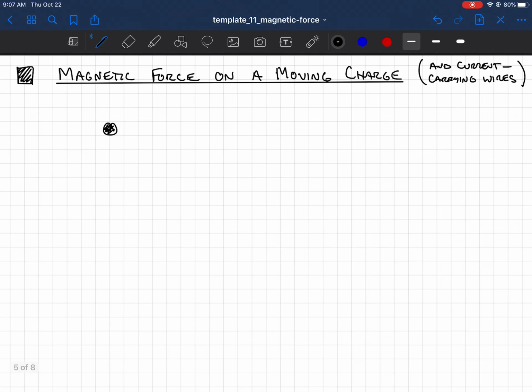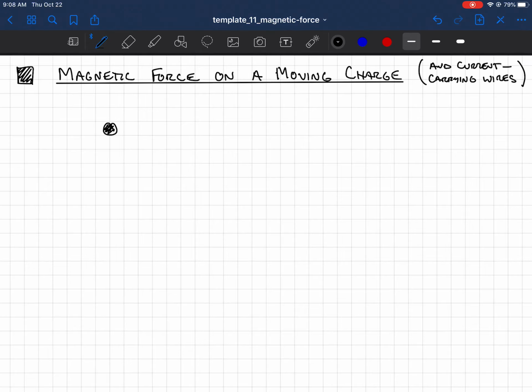So now we can use that in our theory of magnetic forces. So we've already talked about the fact that there's something called the magnetic field. We talked about the fact that there are field lines, and there is also a magnitude of the magnetic field, so field strength.